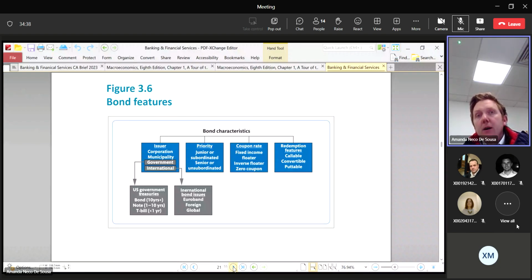However, if that bond is callable, even if there's 9 years left before it matures, I can decide to repay you your money, and therefore it frees me from the interest payments. A puttable bond is the exact opposite, where you as the investor have the right but not the obligation to demand the repayment of the principal early if you wish to do so.